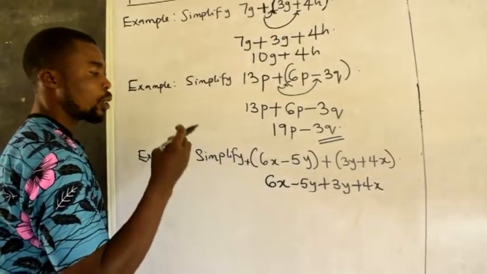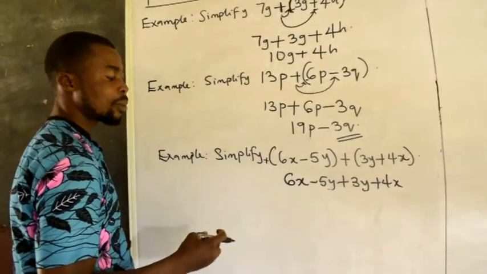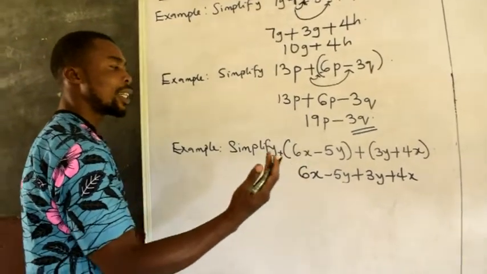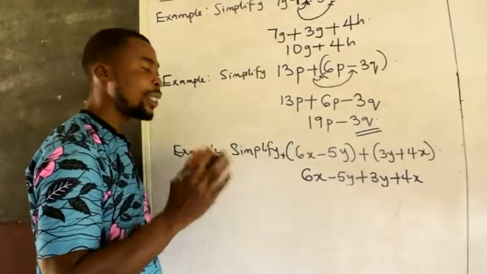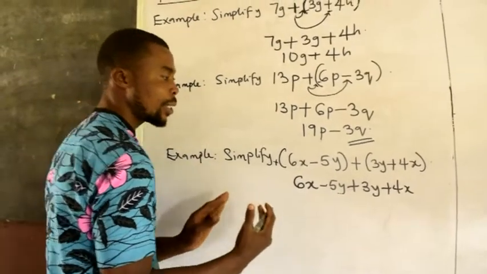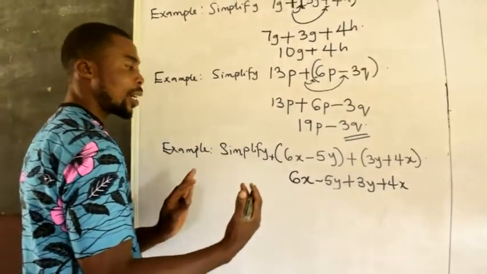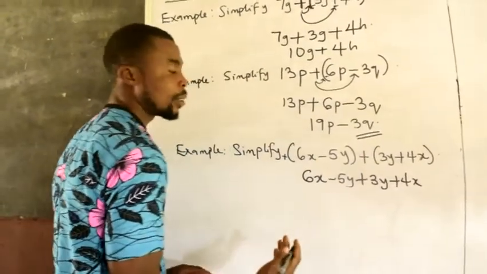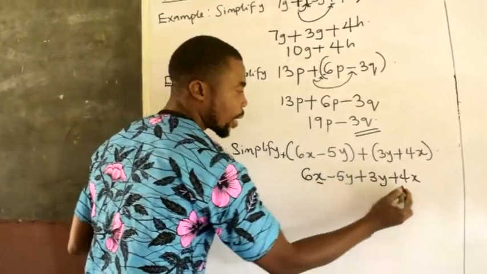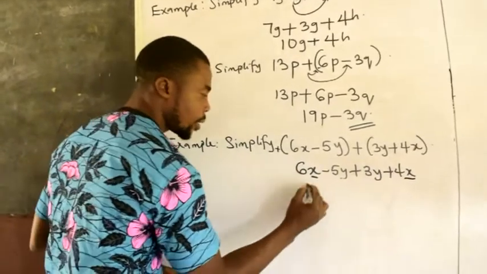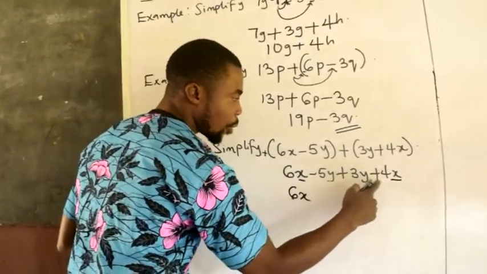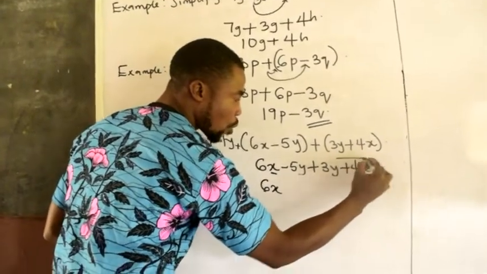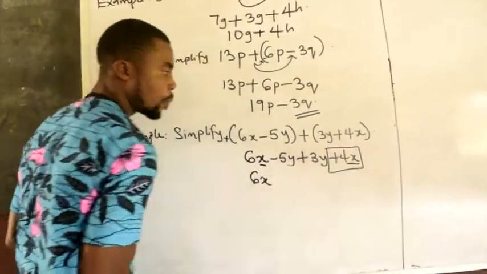After that, you collect the like terms. Collecting like terms means taking letters that are the same together and letters that are the same after. X is what I want to arrange first. 6x, this is coming with plus. So if you want to carry 4x, it will come with plus 4x.